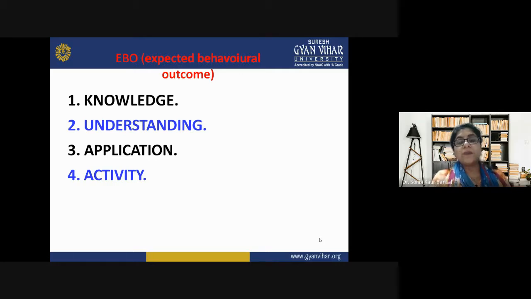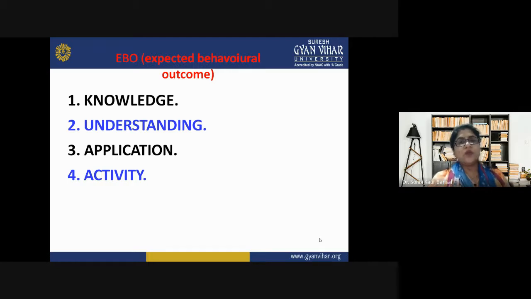Then next is application. Whatever is learned by the students, it is expected in EBO that they will apply their knowledge in practical form also. For example, if you have taught one format of application writing for sick leave, it is not that all the time you are going to give the question of sick leave only when students are supposed to write an application.